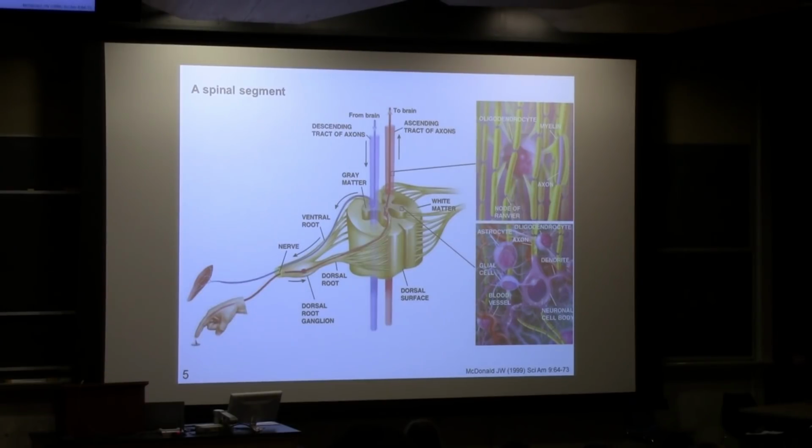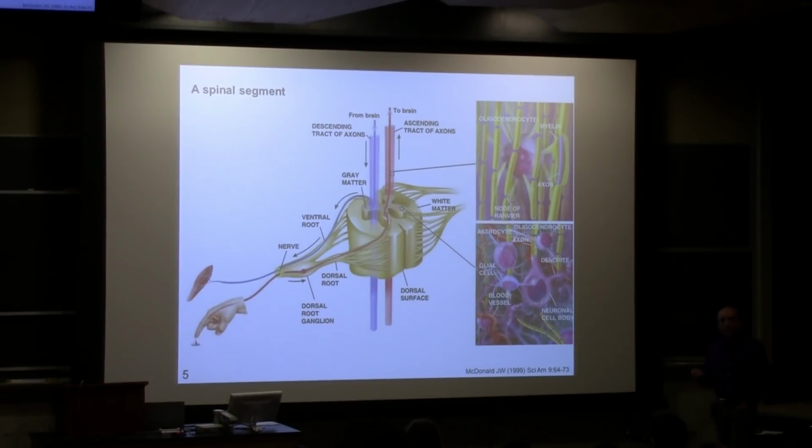Now, over here, there's a blow up of this little part of this axon here. So here's an axon that's running up and down, and what you're seeing here is a little blow up of it where you have a glia cell, which is called the oligodendrocyte, that's providing myelin for the axon. So this is like insulation.